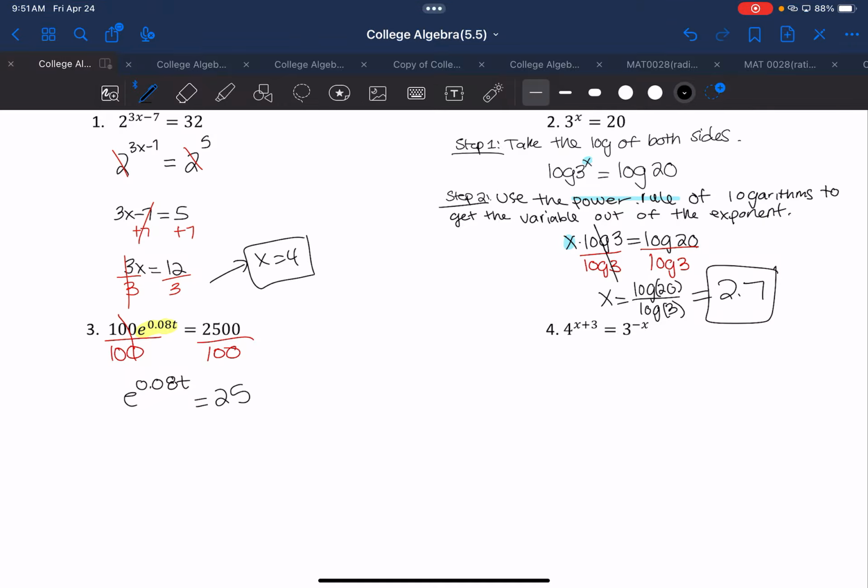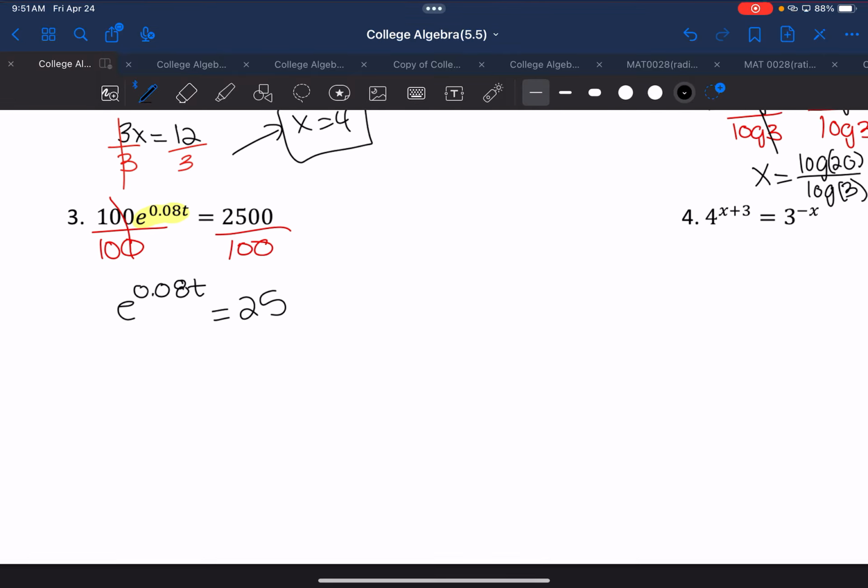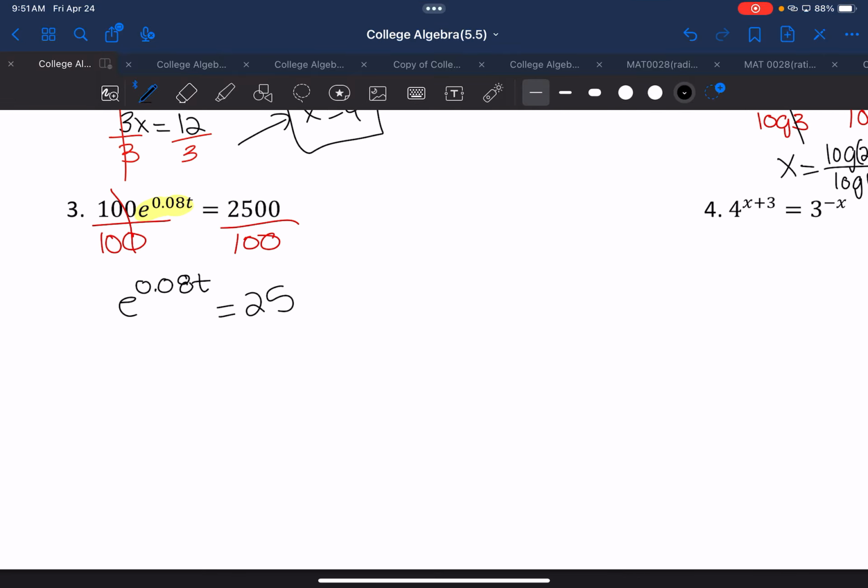Okay. So I got the exponential expression by itself. Now for this one, we could take the log of both sides if I wanted to. But the easier method is to take the ln, because remember ln of x is equal to log base e of x, right? ln is just the log base e.